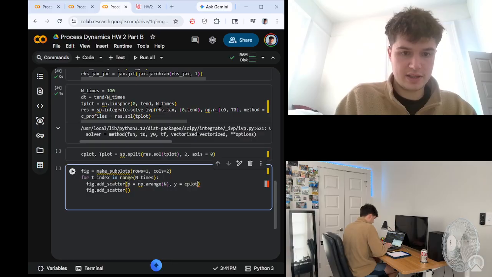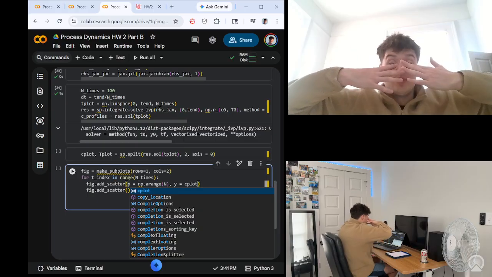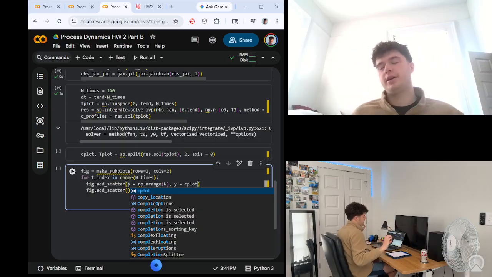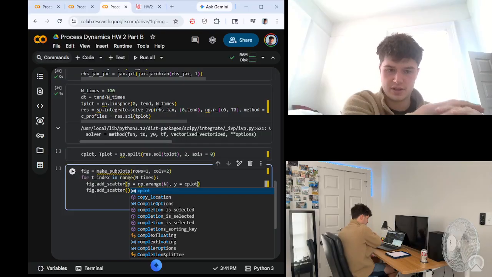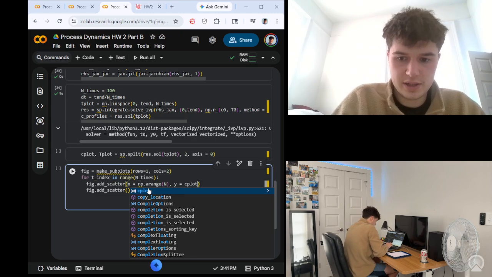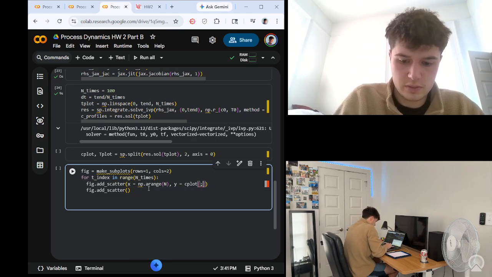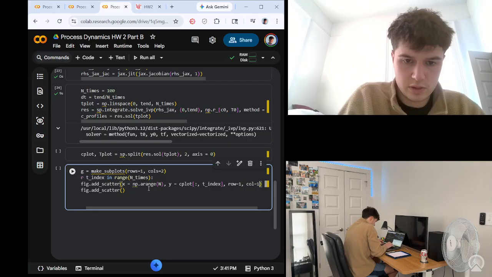Y is going to be equal to that C plot. Again, we set x equal to the range across the bottom, so that if you imagine it, the y will be doing all of the motion and our x is consistent, so we're actually able to see the motion. Now the C plot is going to be colon, I made that mistake earlier, t index, row equal 1, col equal 1.